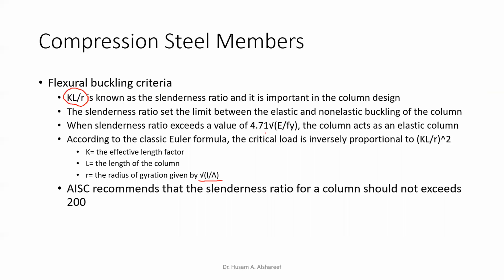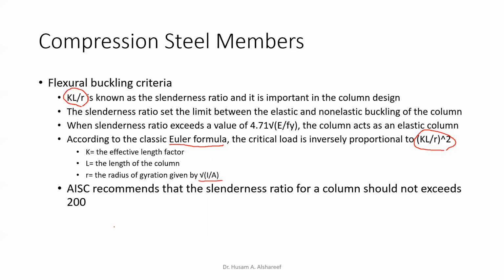This is very important to remember. Also, I want to point out the Euler equation is this: pi squared E over KL over r, everything squared. This is the Euler equation. Why do we need the Euler equation? We'll talk about it more, but the Euler equation is more for buckling and the failure modes and so forth.